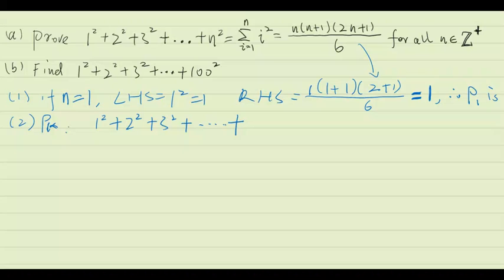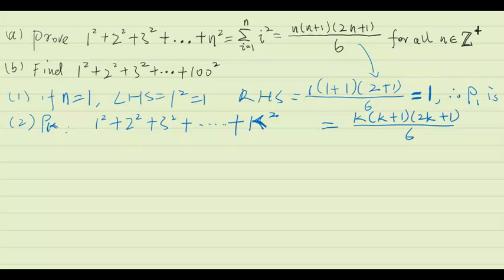In the same position, we substitute k as the position of n. So k squared equals k times (k plus 1), because it was n plus 1, and 2n plus 1 becomes 2k plus 1, over 6.